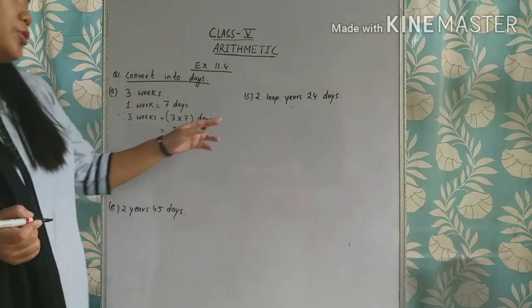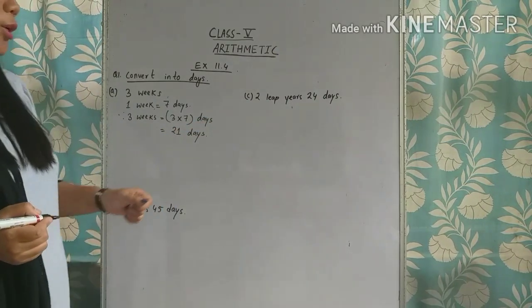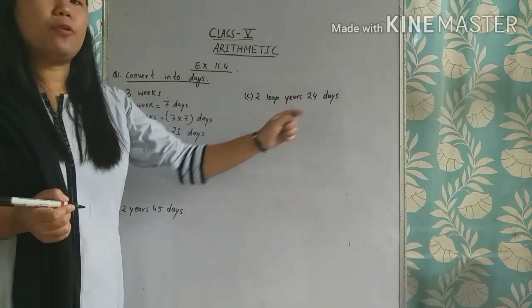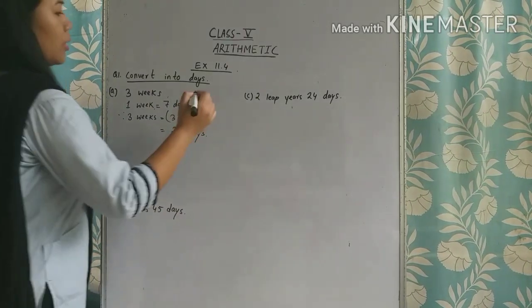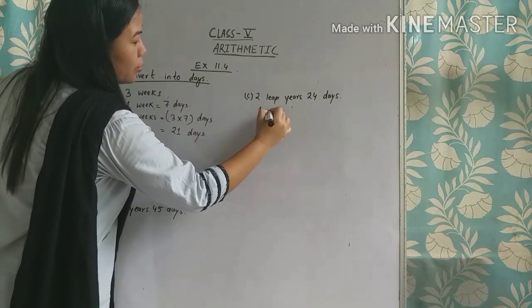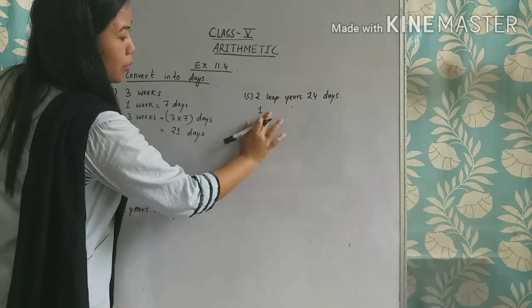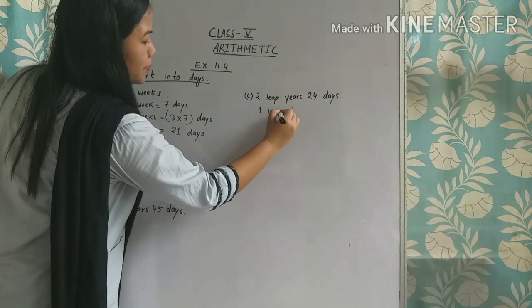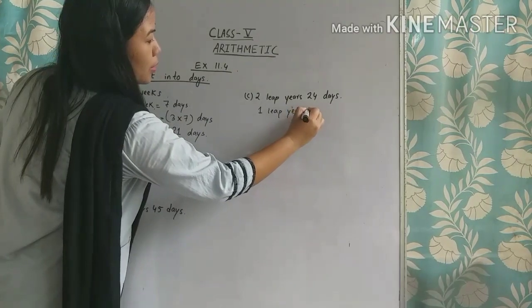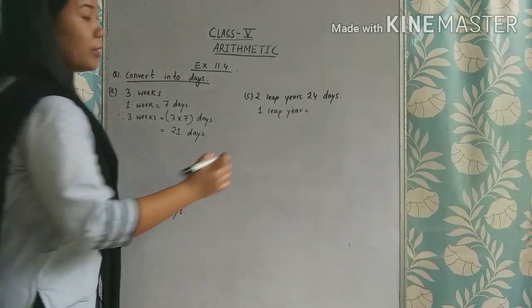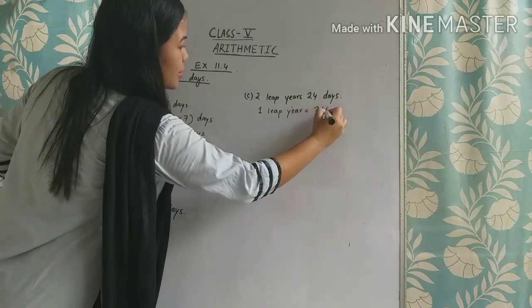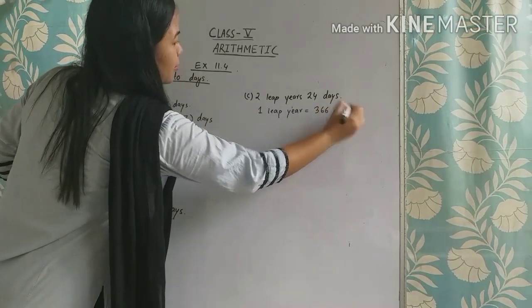Now you see question number C. 2 leap years, 24 days. Now I have already told you one leap year is equal to how many days? 366 days.